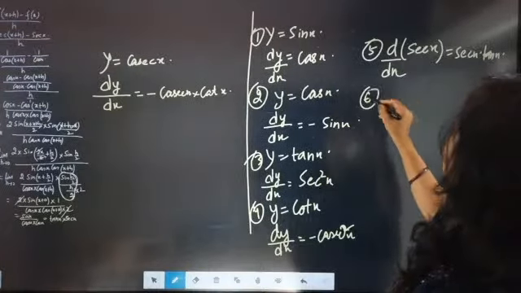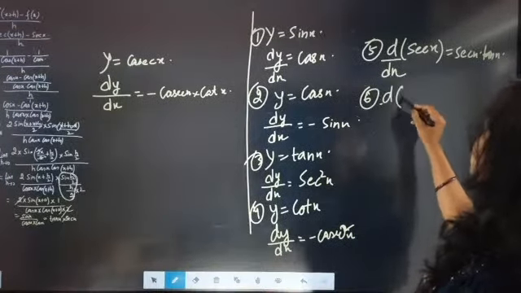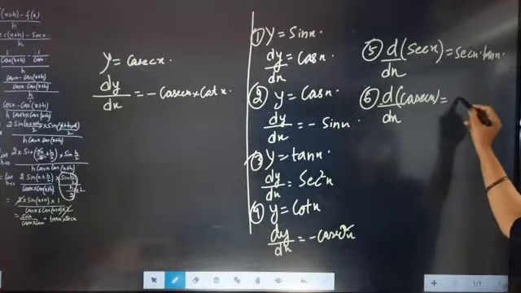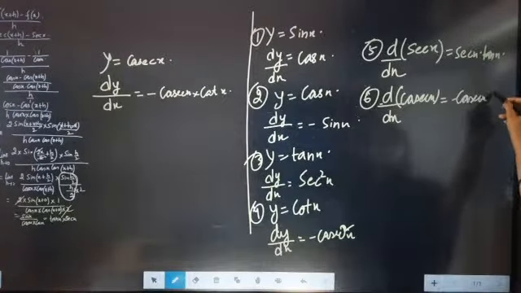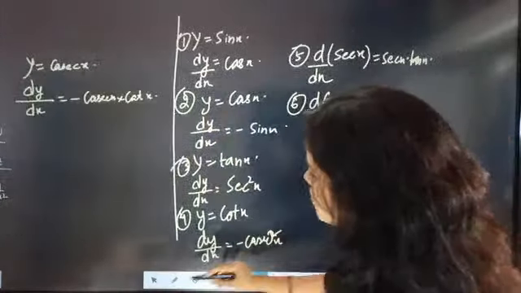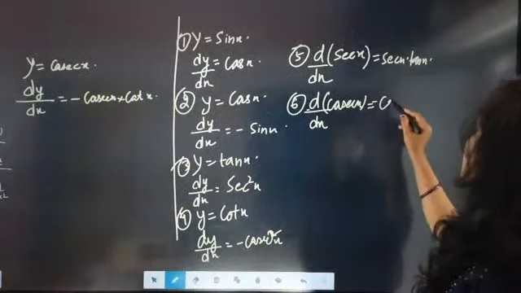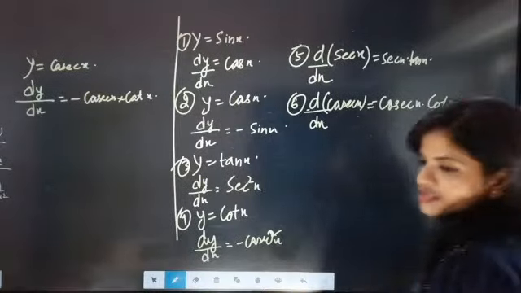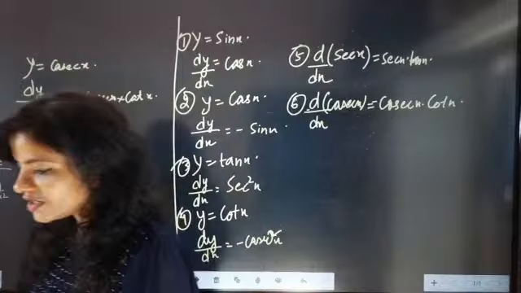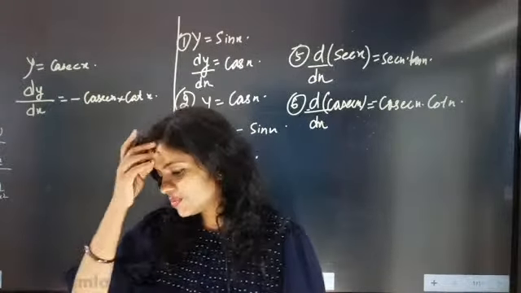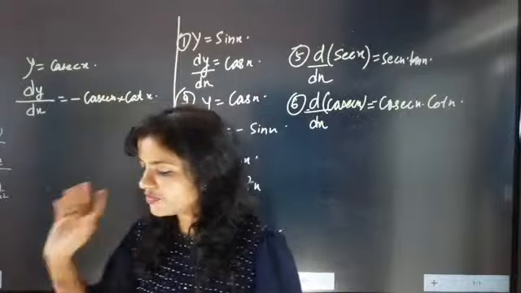Now differentiation of cosecant x will become minus cosecant x into cot x, yes beta, minus cosecant x into cot x. So this will be the formula. These formulas only we have seen.